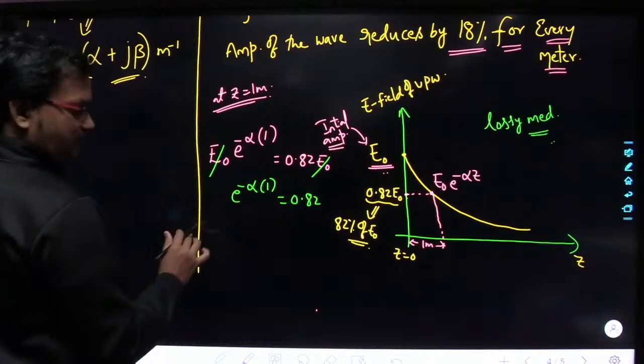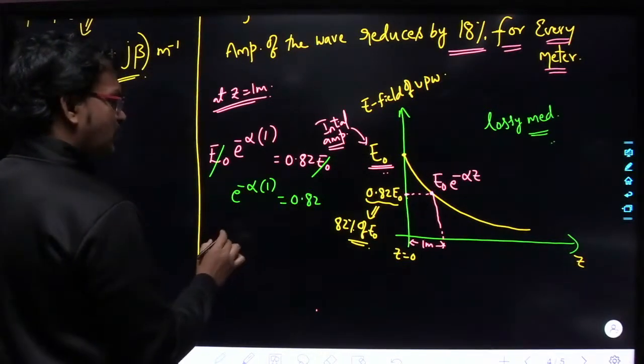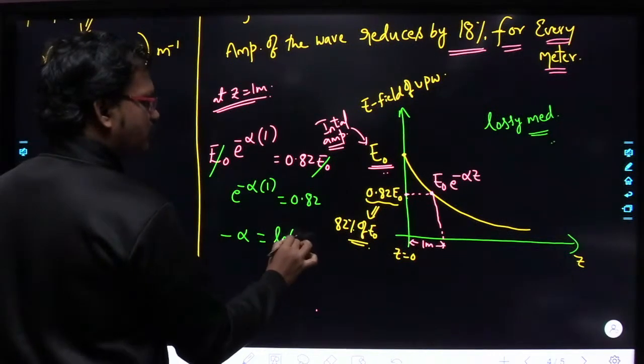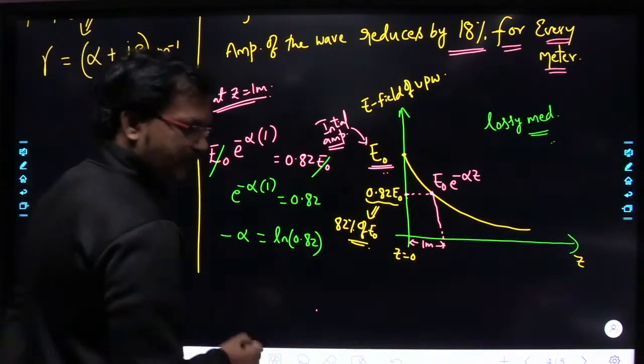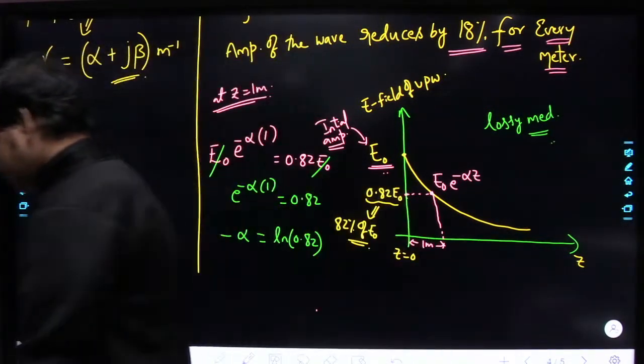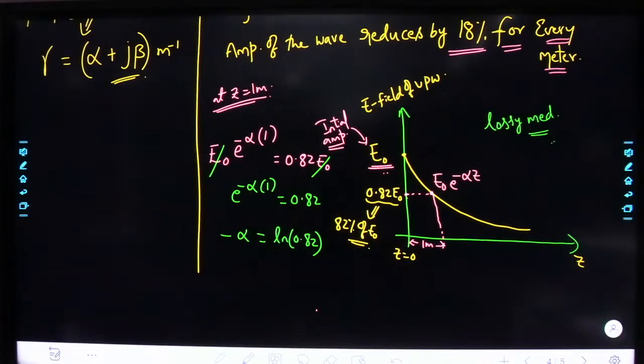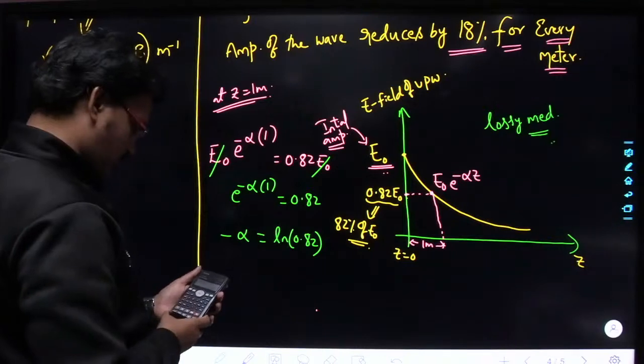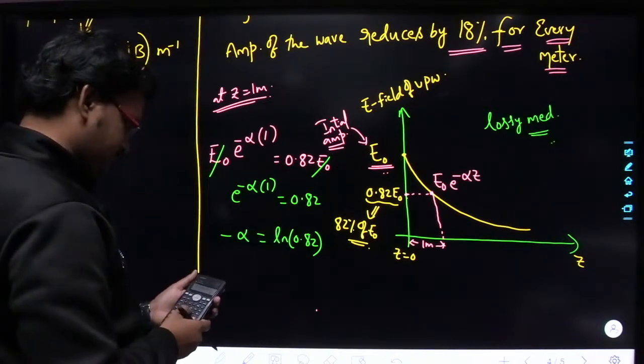So now if you apply ln on both sides, you are going to get minus alpha is equal to ln of 0.82. So what is ln of 0.82 here?